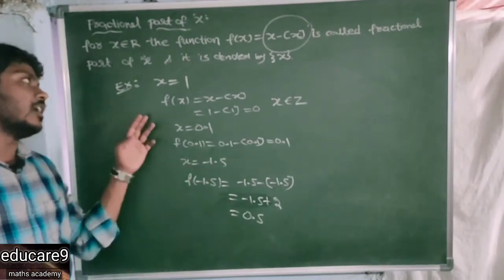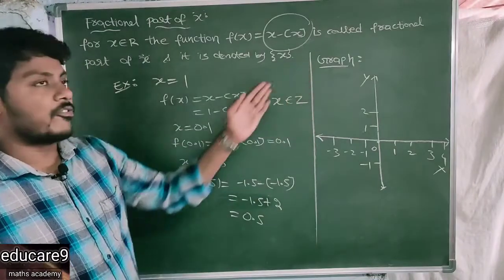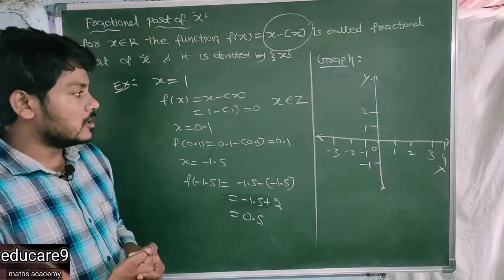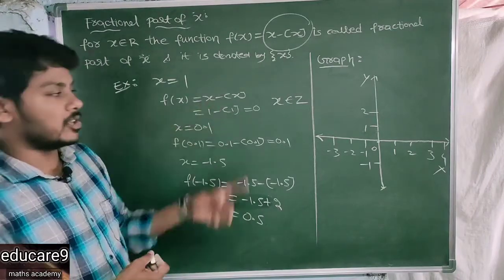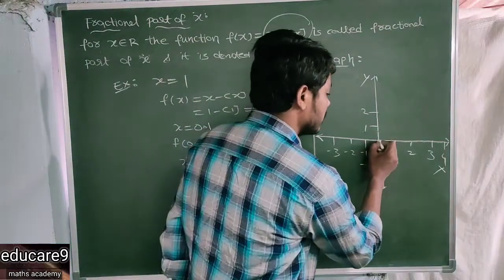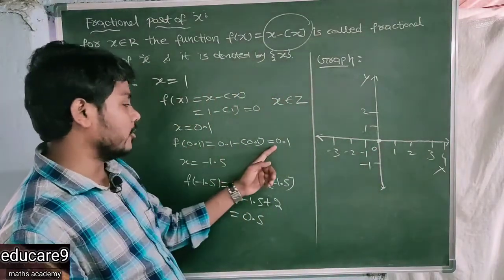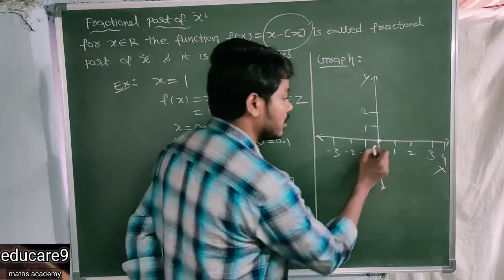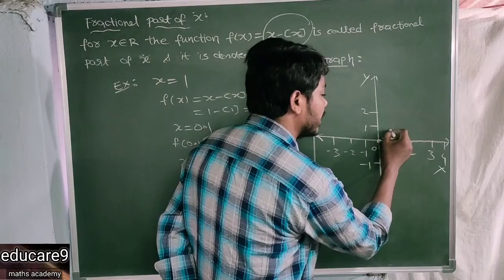Now draw the graph of the fractional part of x. For example, at x is equal to 0, 0 minus 0 is 0 only. At x is equal to 0.1, you get 0.1 only. Then 0.2, 0.9.